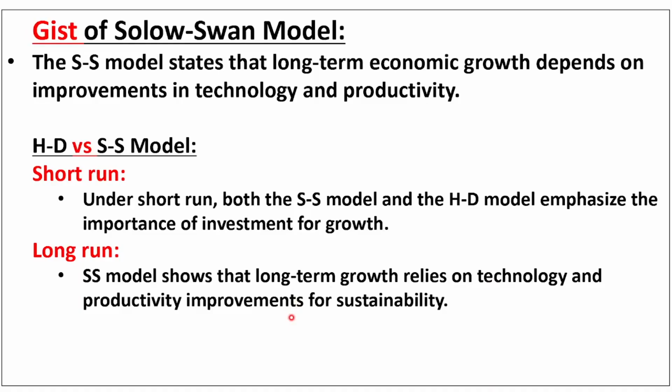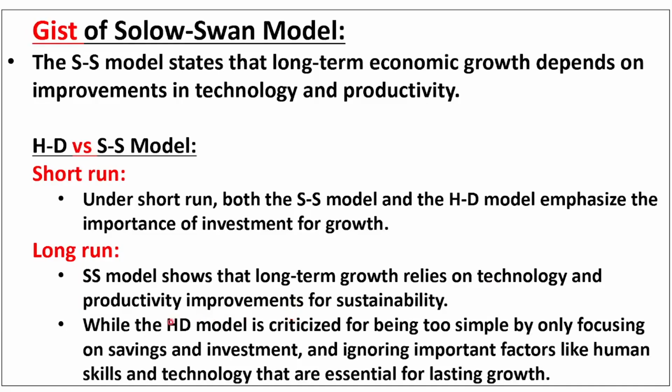However, SD model is criticized for being too simple by only focusing on saving and investment and ignoring important factors like human skills and technology that are essential for long-lasting growth. Now let's go to the assumptions of SS model.